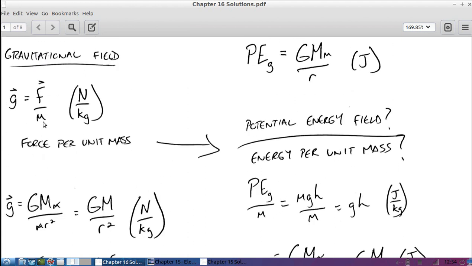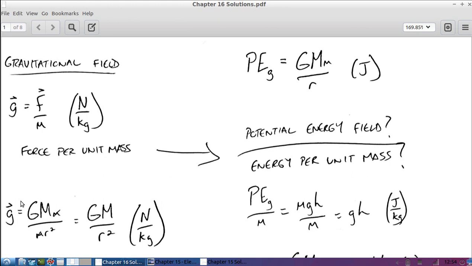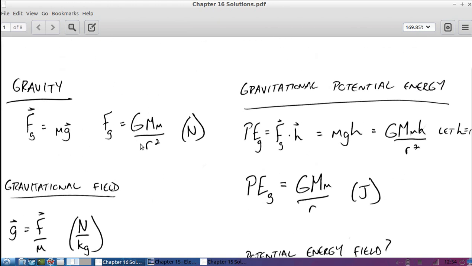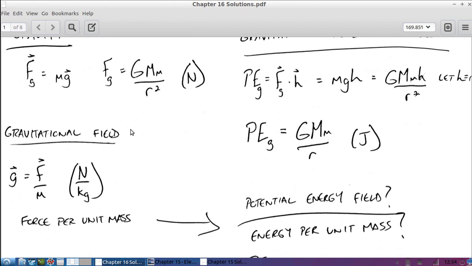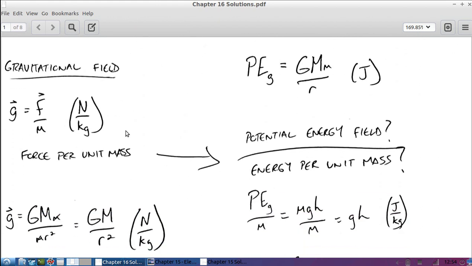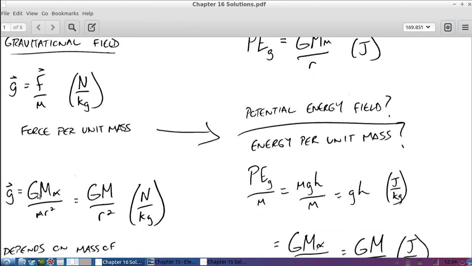So here's what I did. If I take the force by Newton's law of universal gravitation, this expression as the gravitational force for any distance from the surface of the Earth, and I substitute that in here, and again we're going back to the Earth-Moon system, the mass of the moon goes away.